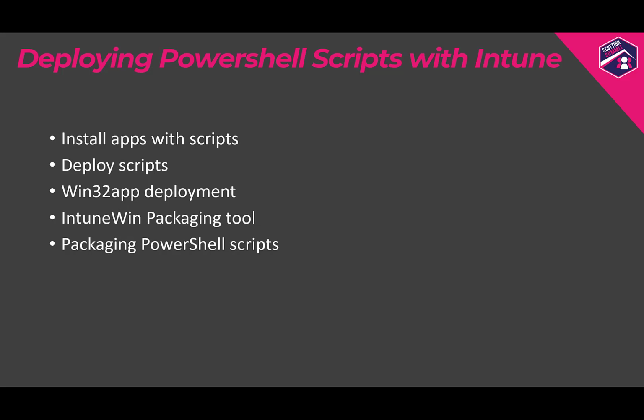We can go much further than that because we can also use PowerShell scripts to do a lot of other different things, like, for instance, deploying printers and installing fonts, setting up some configurations, changing configurations, and even if we use the Win32 deployment method, we can actually also do a detection of our install. We can do this with several methods. We can do a file check, see if the file exists, check if a path exists.